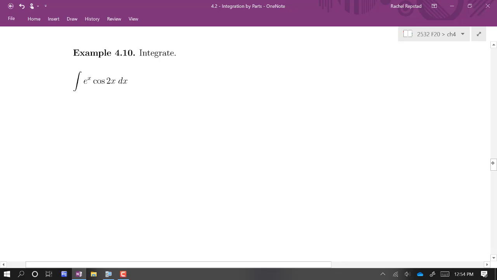In this integral, I'm going to let u equal cosine 2x. So that means that du is equal to negative 2 sine 2x dx.